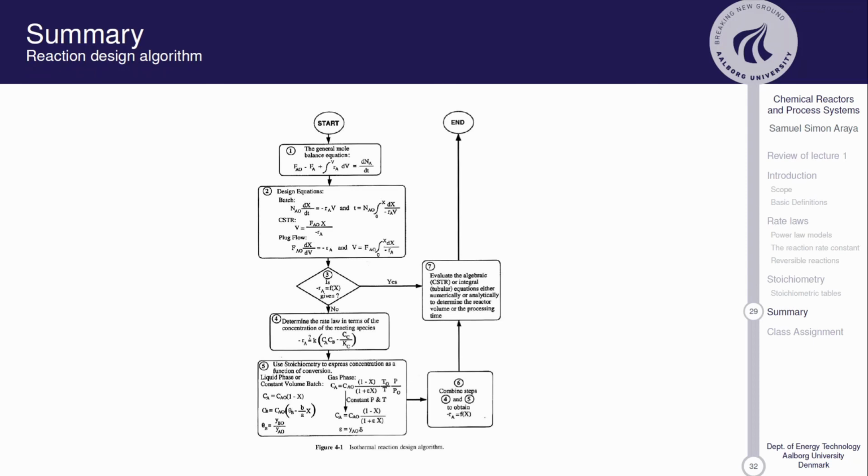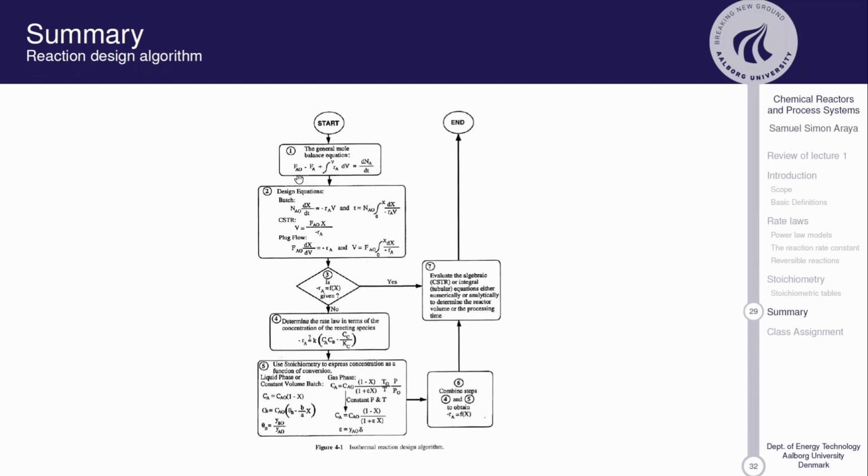So we define the mole balance, we decide what reactor we are talking about. So then we basically apply it to each and every type of reactor. So if we're talking about batch, then we have this expression for the time that it takes for the reactions to take place. And then for CSTR, we have this algebraic function, and so forth. So basically we have the mole balance.